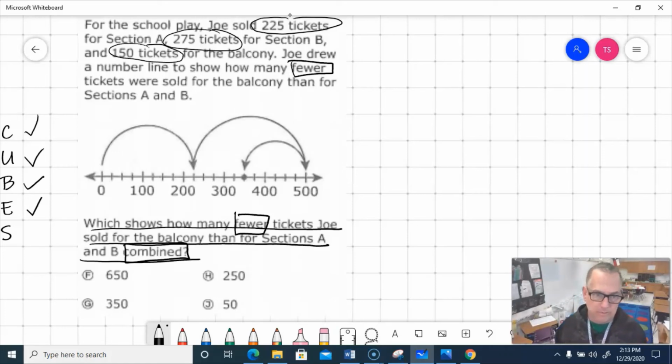I think the first thing I need to do is figure out how many tickets were sold for section A and section B, because it says that right here in the last part of the question: section A and section B combined. So section A is 225 plus section B is 275.